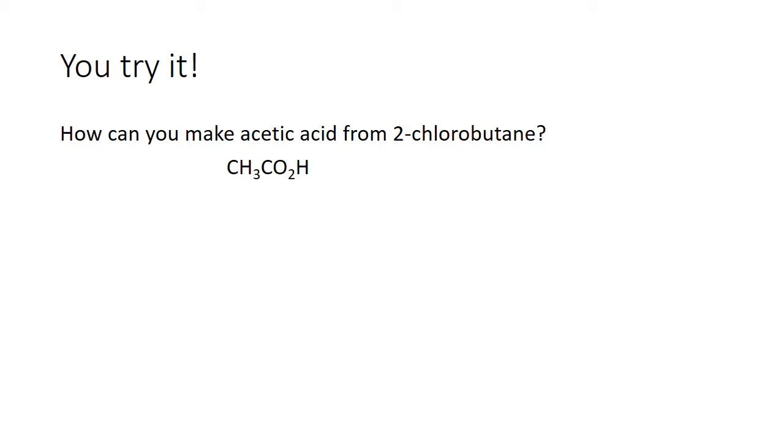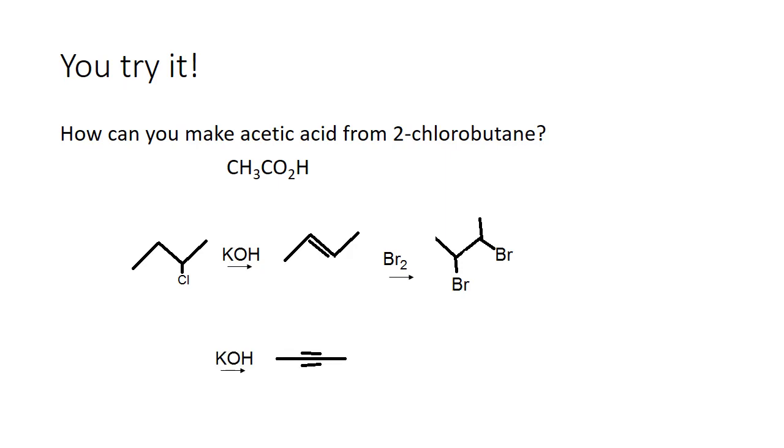2-chlorobutane can be eliminated to form an alkene. Once you have an alkene, you can treat that with bromine or chlorine to give the vicinal dihalide. Once you form the vicinal dihalide, you can treat that with base to give the alkyne.